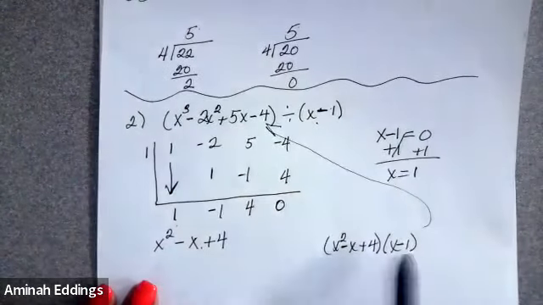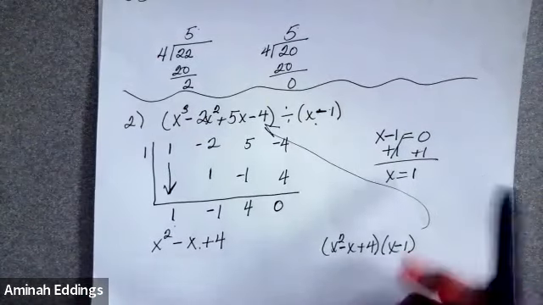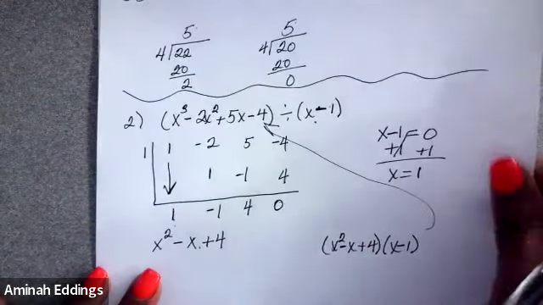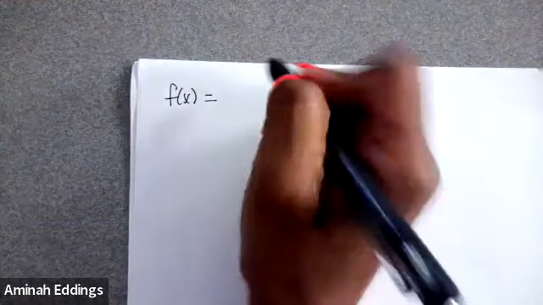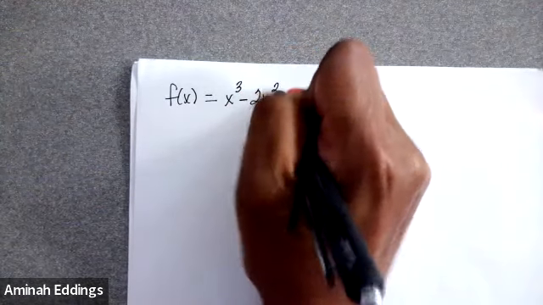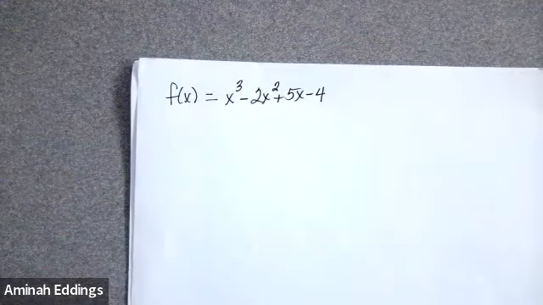Okay, so let's now take this dividend that we just had, x cubed minus 2x squared plus 5x minus 4, and we're going to turn it into a function. Okay, same problem, but we're going to turn it into a function. So that's going to become f of x is equal to x cubed minus 2x squared plus 5x minus 4.